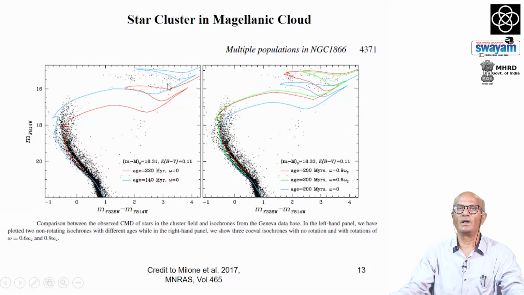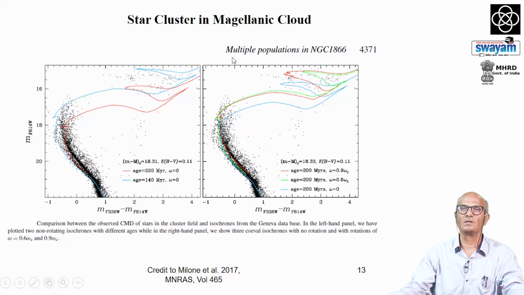In the next few slides, I will just try to highlight what HST, Hubble Space Telescope, observations have taught us in this aspect. In fact, 20 years ago we believed that all the stars in a galactic cluster were formed at the same time, but precise observations taken with HST demonstrated very clearly that that is not the case.